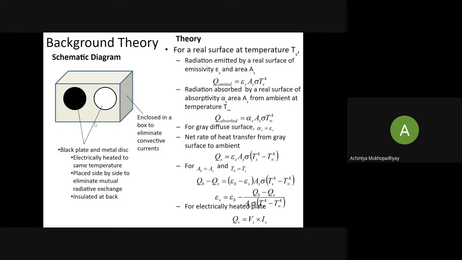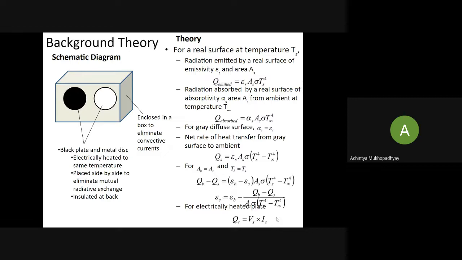So if I know the voltmeter and ammeter readings corresponding to the circuits connected to the two surfaces, I can know QB and QS. QS would be the product of the voltmeter and ammeter readings of the circuit connected to the test surface, and QB would be the product of the voltmeter and ammeter readings in the circuit connected to the black surface.